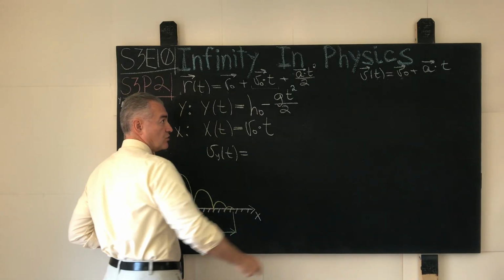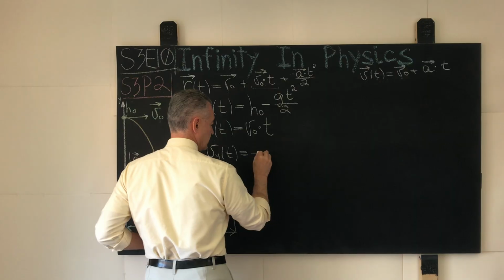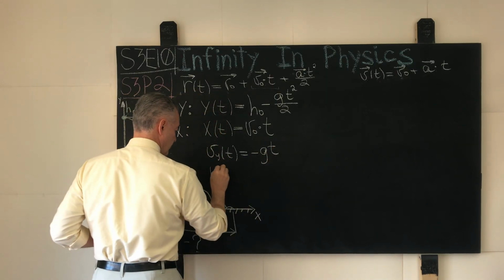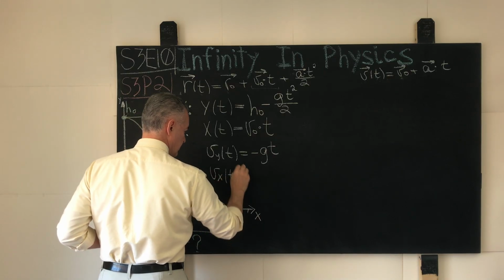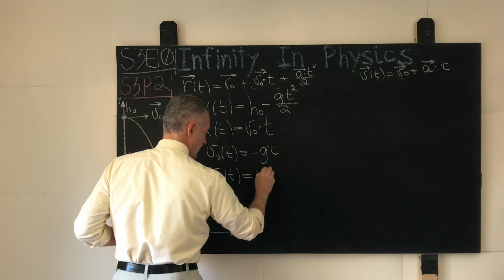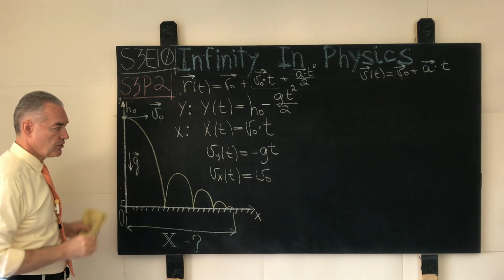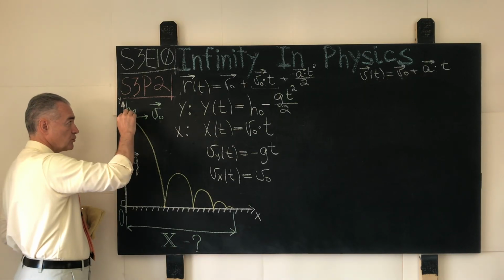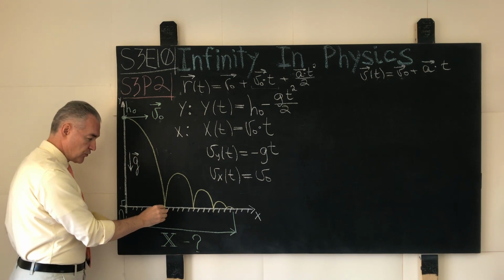The projection of our constant acceleration, as we explained, will be negative gt. And for the horizontal component of the velocity of the chicken, we get precisely one and the same number, v0. And from this material, it's already enough to study what will happen to our chicken prior to the first bounce.